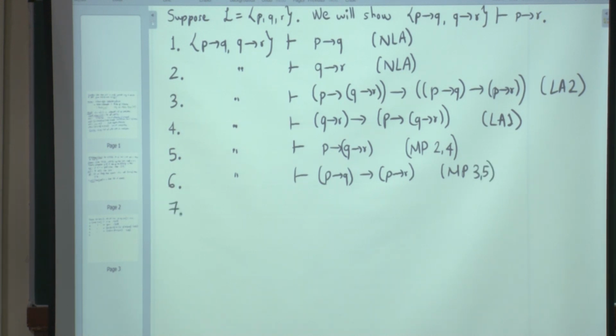And then finally I am going to use modus ponens again on line number 1 and 6. Okay, so we have concluded what we wanted, and this is a proof. It's a 7-line proof.